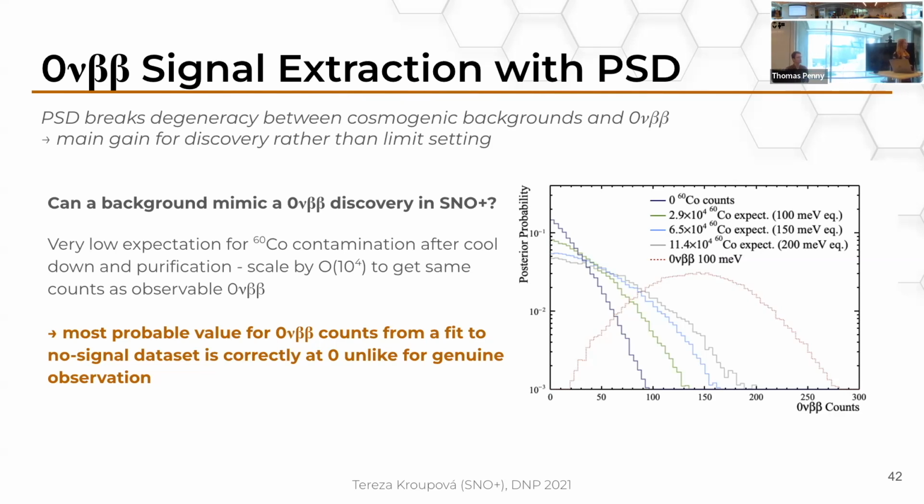The fit returns 0 neutrinoless double beta decay counts in all of these cases, apart from the case when you've actually injected the true signal. This is really important in showing that if we were to see a bump, it would indeed be a neutrinoless double beta decay discovery rather than some contamination of a cosmogenic.